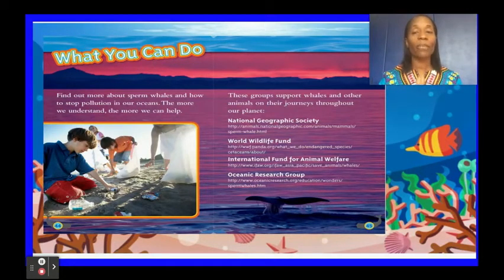The author provides information for us so that we can become proactive in supporting whales. Also, the author wants us to keep our environment clean, keep our ocean clean, so we can help sperm whales. Now, scholars, you're going to turn to page 46.